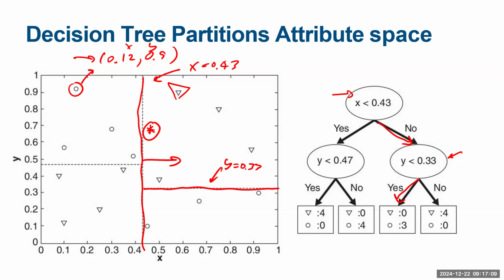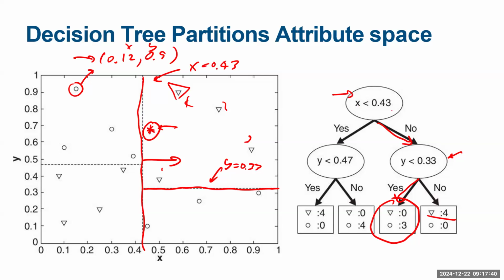So basically, when you go down to this area, you have 0 triangles and 3 circles. What about the no side? In the no side, you have 1, 2, 3, 4. You have 4 triangles and 0 circles. So when I have my new data over here, it starts at the root node.